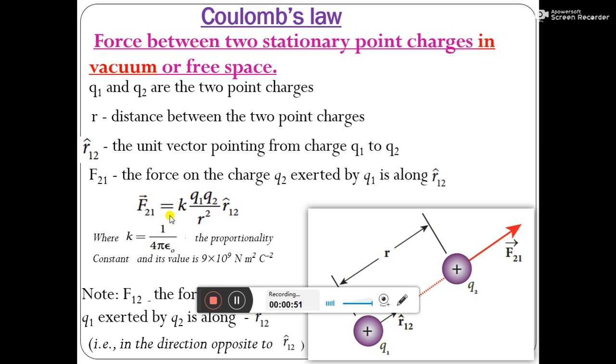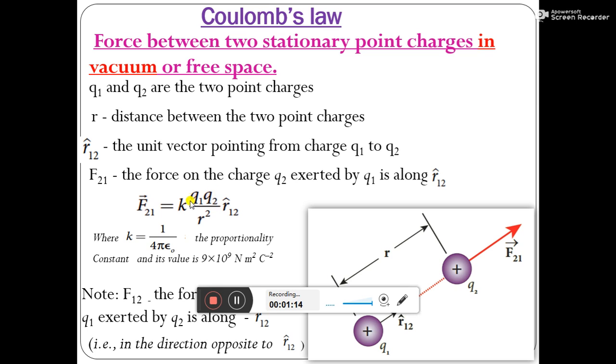Therefore, according to Coulomb's law, the force F21 is equal to k Q1 Q2 divided by r squared into r12 cap. This r12 cap is nothing but a unit vector, and k is the proportionality constant.